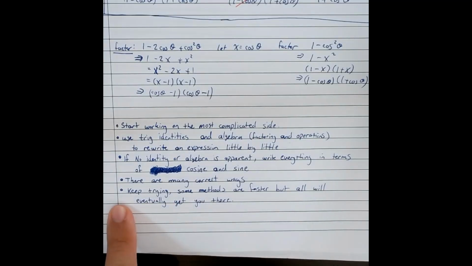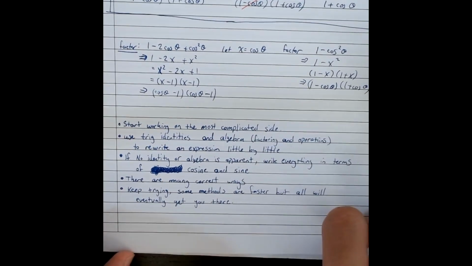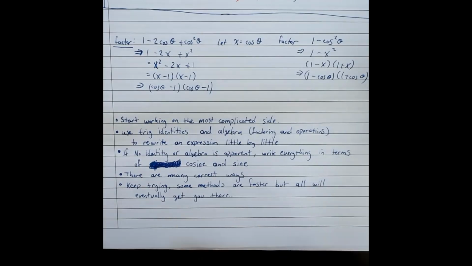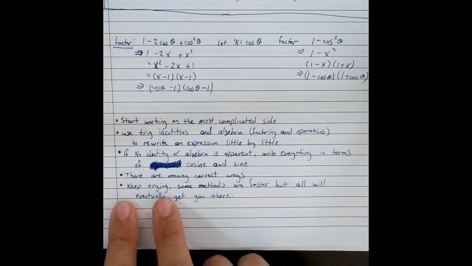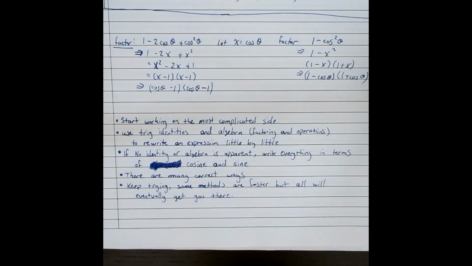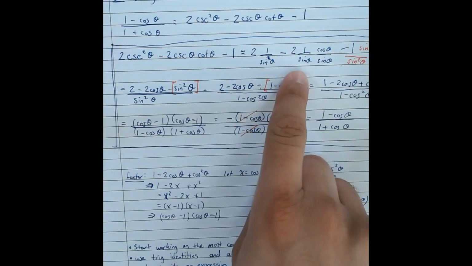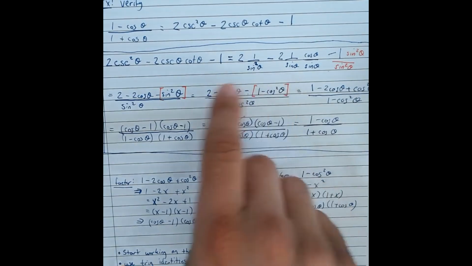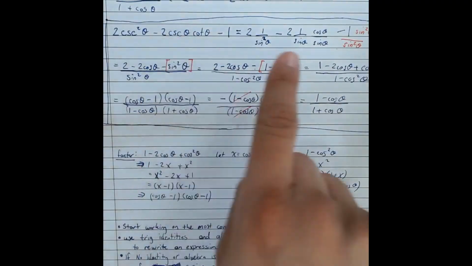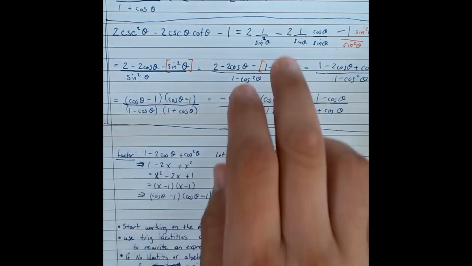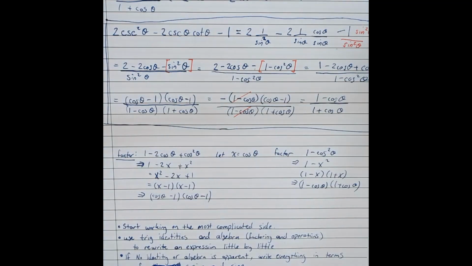And finally, the last guideline is sometimes these problems can feel a little discouraging because they seem to keep going. It seems like, oh, I don't have any direction. I'm not sure what I'm supposed to do. Keep trying. Because although some methods are faster than others, some are a little bit shorter, some have more steps, some have less, as long as at each step you have changed your expression in a way that's still valid, then it doesn't matter if you use one step or two or three or four or five.